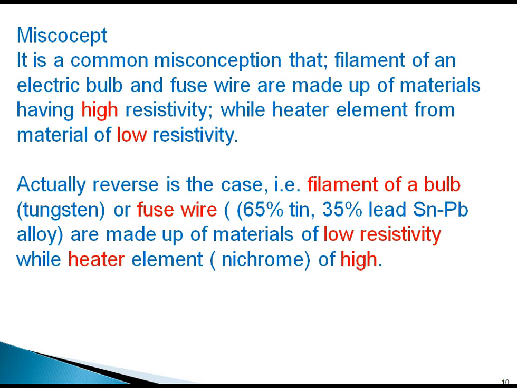So please read it thoroughly: the filament of a bulb or fuse wire is made of material of low resistivity, while the heater element is of high resistivity. Again I am repeating, please learn this: the filament of a bulb and the material of fuse wire are of low resistivity, and heating elements are made of high resistivity wire. Of course I will discuss this in the heating effect of current also.